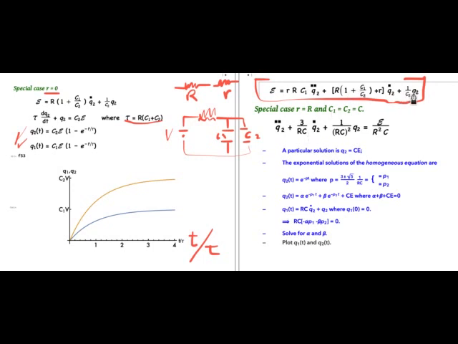And then this final term, which goes like Q2, will be 1 over C, but I divided it through by R squared C. So this will be 1 over R squared C squared Q2. And that whole thing is equal to E, but I divided it through by R squared C. So E over R squared C. So now the differential equation has that form.